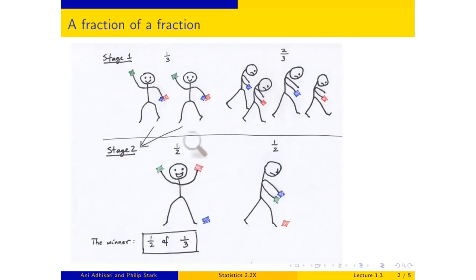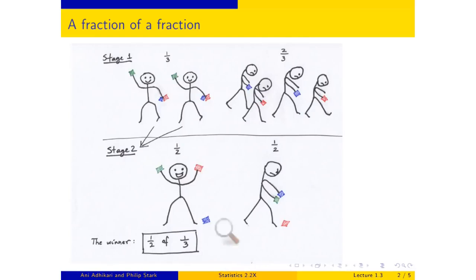Well, they are this half of the original 1/3 that won at the first stage. And so the winning proportion is 1/2 of 1/3. And as you recall, we had said that our overall answer is going to be less than 1/3. In fact, it's going to be a half of 1/3, a fraction of 1/3.